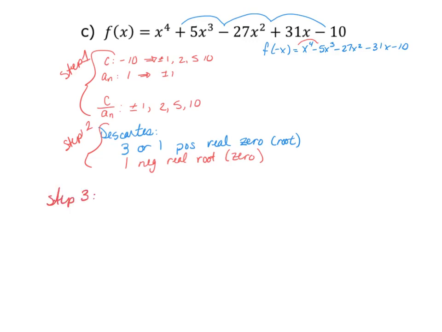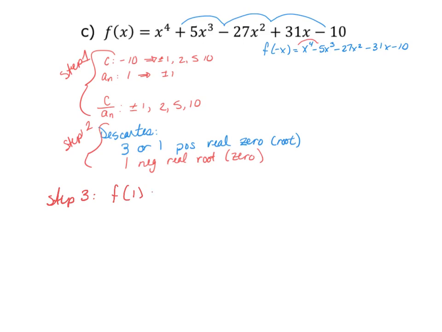is I'm either going to use synthetic division a lot, or I'm going to use the factor remainder theorem. I'm kind of partial to the factor remainder theorem, so I'm going to put in f of 1. That's my first choice. So I usually choose the easiest ones, which is 1 and negative 1.